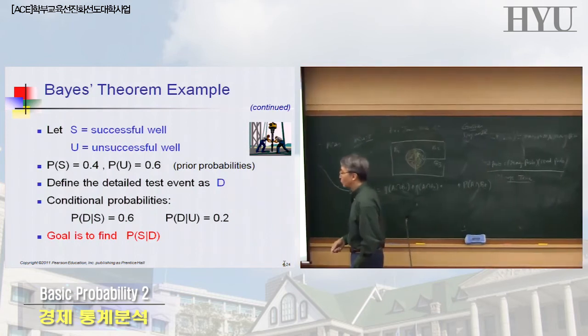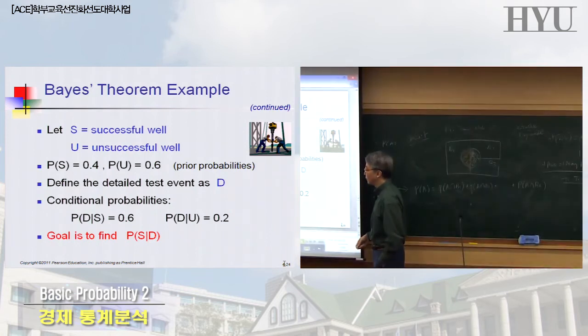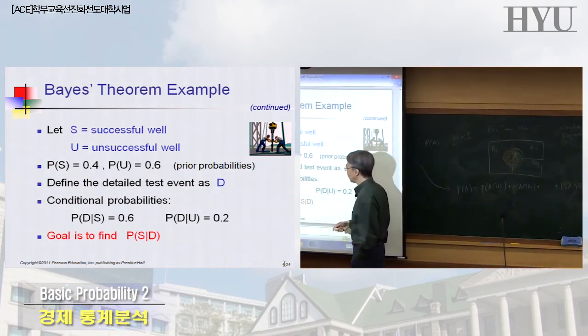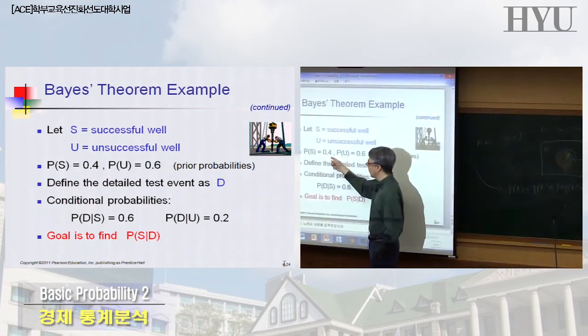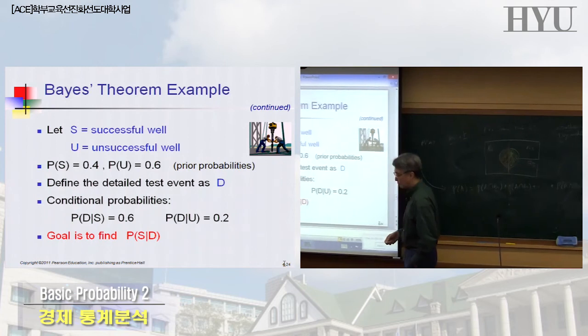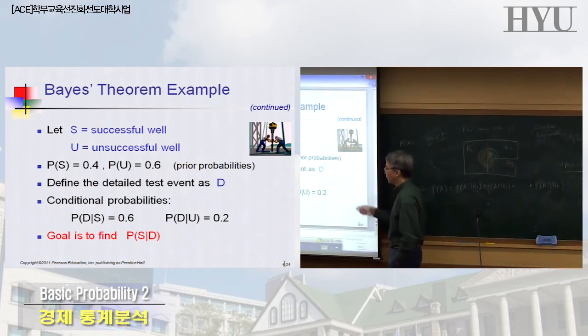We have two events: successful well, unsuccessful well. Well, actually, I guess you can say it's one event, whether it's successful or unsuccessful. Suppose the probability of success is 0.4, and failure is 0.6. That's what we call prior probabilities.